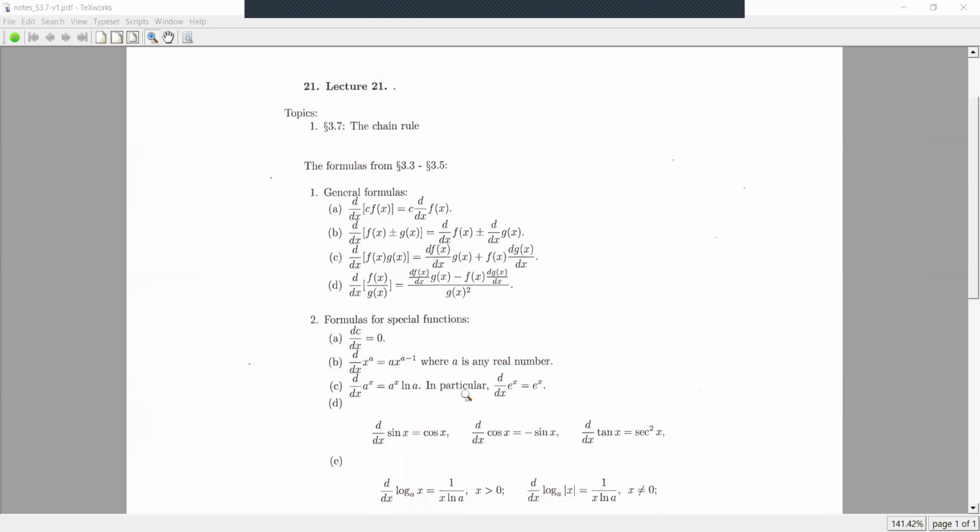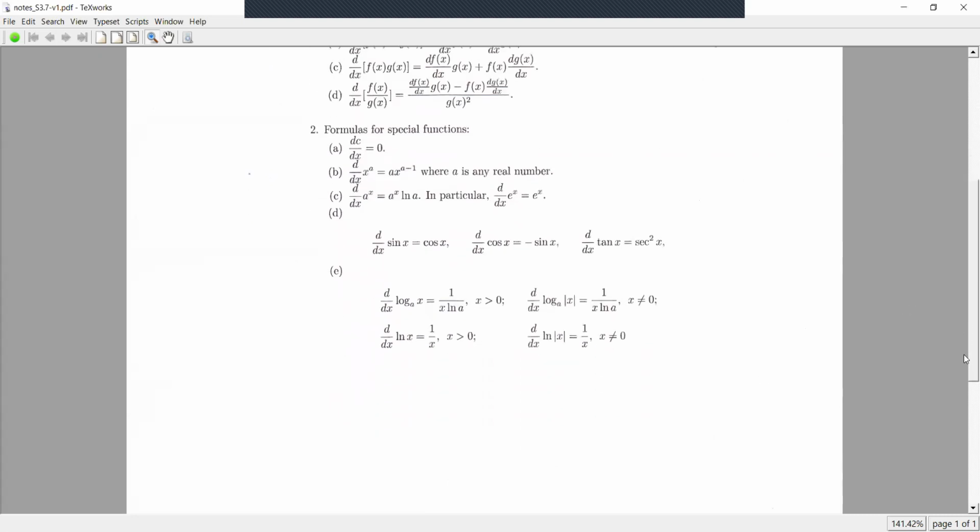One special case is that the derivative of e^x is e^x. Formula number 4 is for trigonometry functions. And formula number 5 is for logarithmic functions. A special case is that the derivative of natural log is 1 over x.